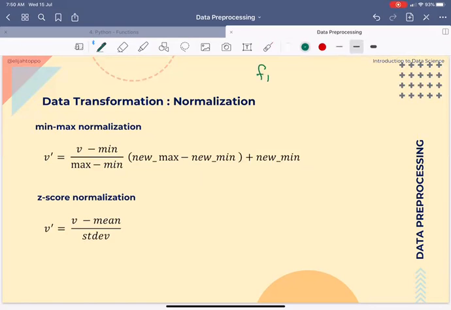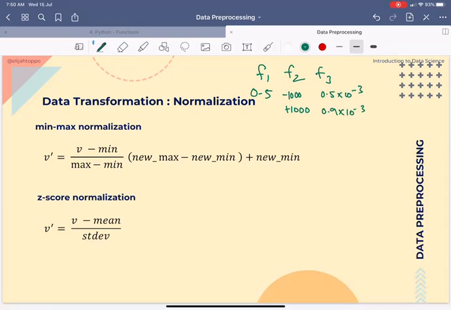So if I'm talking about features F1, F2, and F3, and F1 varies from 0 to 5, F2 varies from minus 1,000 to maybe plus 10,000, and feature 3 varies from 0.5 times 10 to the power minus 3 to 0.9 times 10 to the power minus 3.